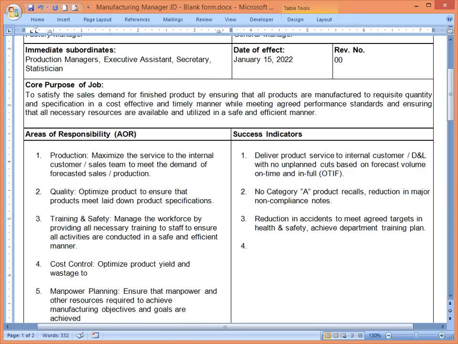To maximize. Yeah, that's why I said, optimize and maximize are always used in manufacturing. Maximize contribution of profitability of the operation.